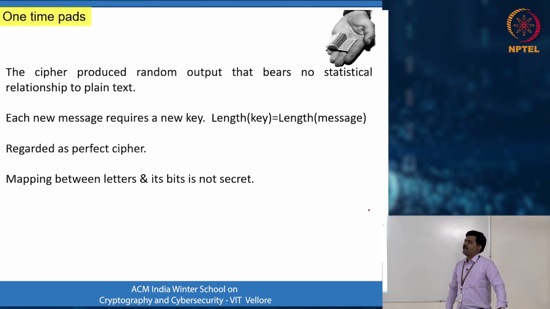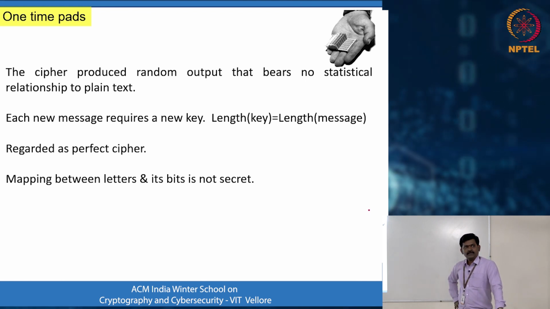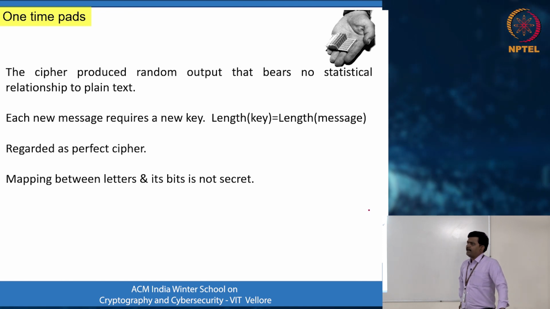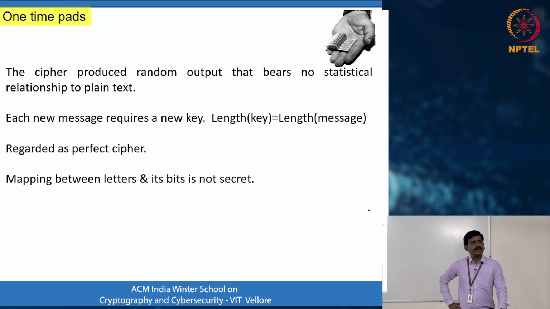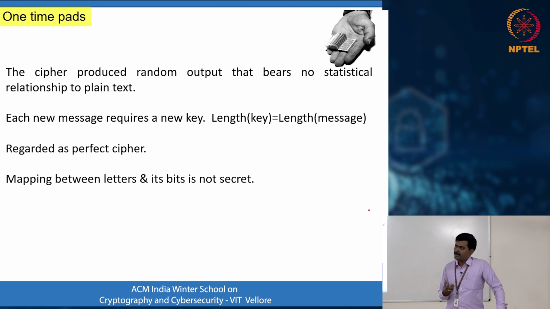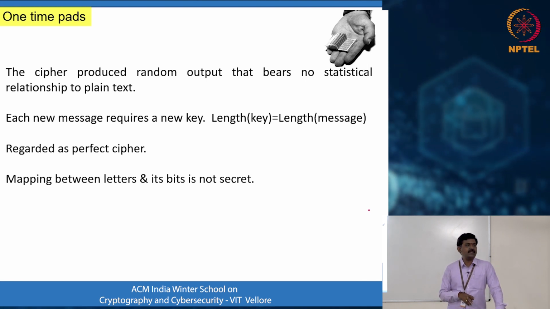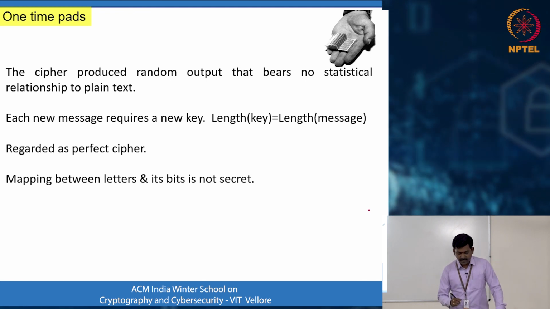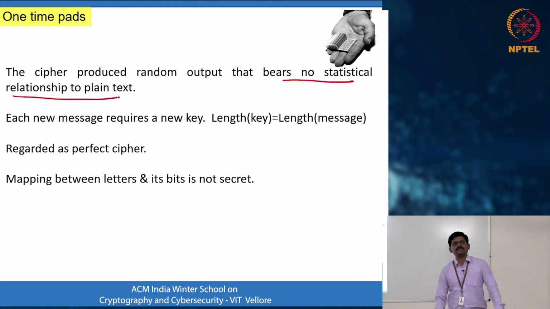Next, we have one-time pads. The next type of ciphers are one-time pads. One-time pads are a kind of unconditional cipher, different from the ciphers that we have discussed so far, in the sense that they have no statistical relationship with the plain text.